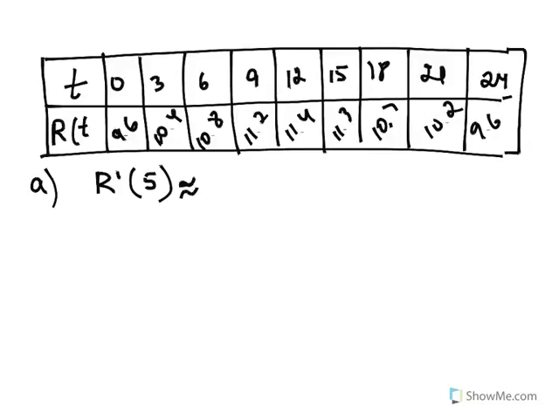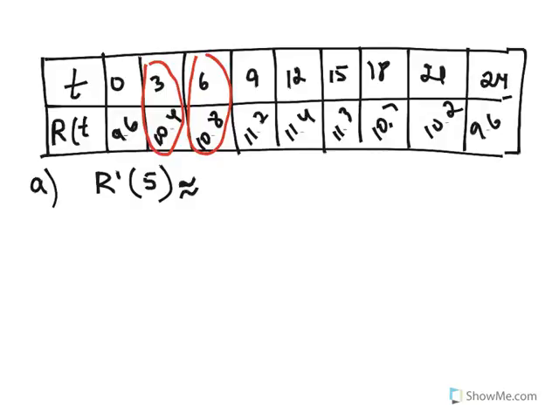So t equals 5. Where is it? I don't have it. But t equals 5 is somewhere between these two values, 3 and 6, correct? So we can use those endpoints to find the derivative of this function at 5.